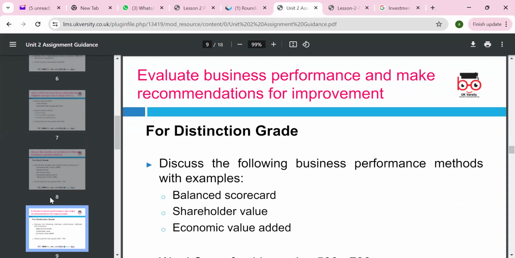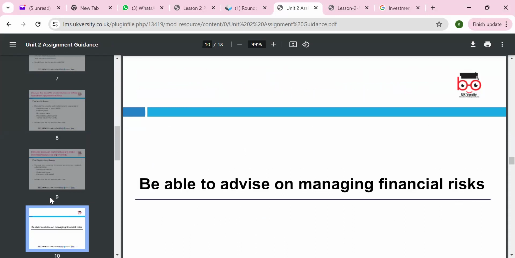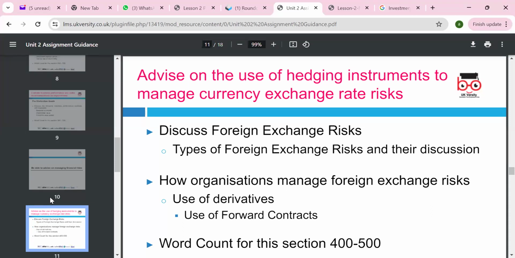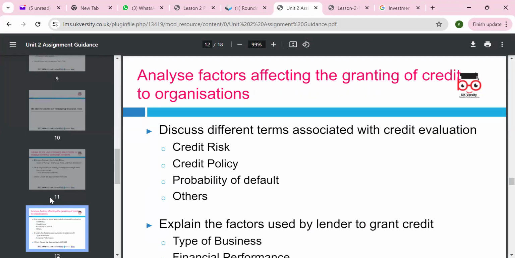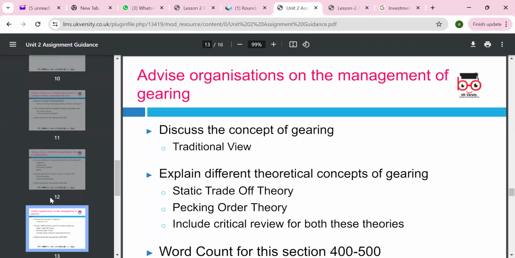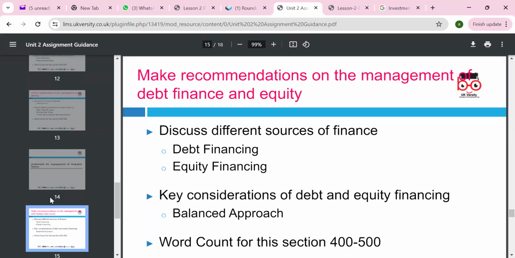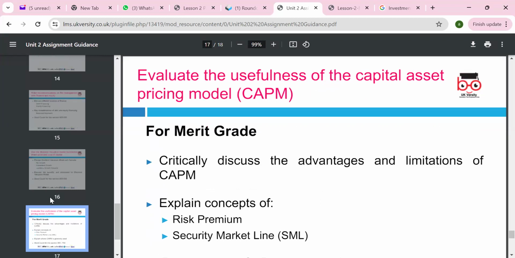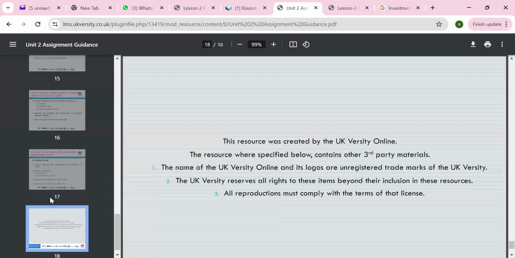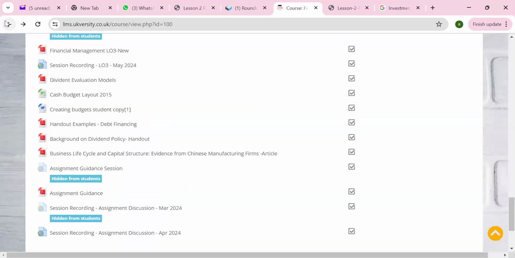For distinction, balanced scorecard, economic value added, and hedging. Hedging means protecting against foreign currency risk, credit risk and different types of risk, which we learned in lesson four. Then for merit criteria, the capital asset pricing model, risk premium, and systematic and non-systematic risk are quite good examples which you can include in your assignment.